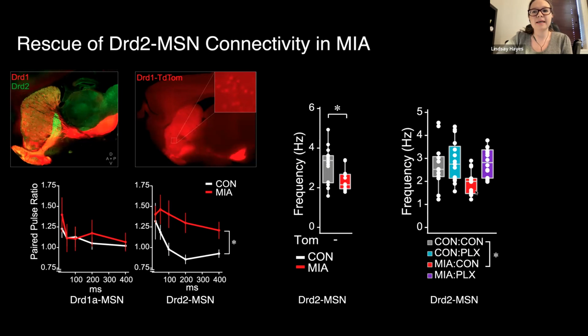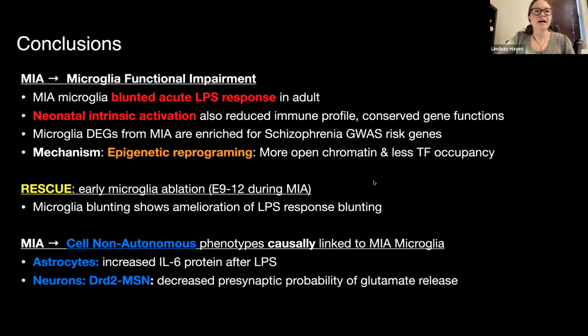We again see this decrease in mini EPSC frequency in the MIA mice that is rescued by the repopulated microglia. And so these data really indicate that MIA microglia have a causal role in the impaired connectivity of this D2 circuit.